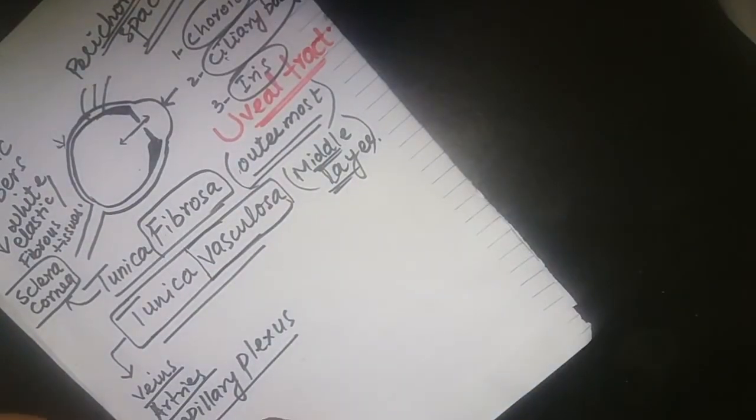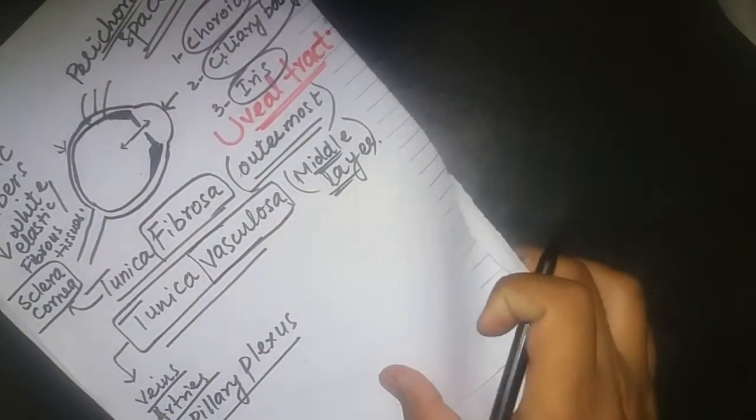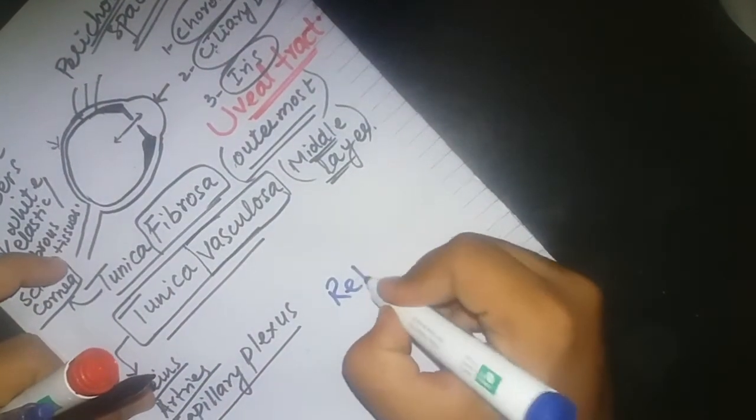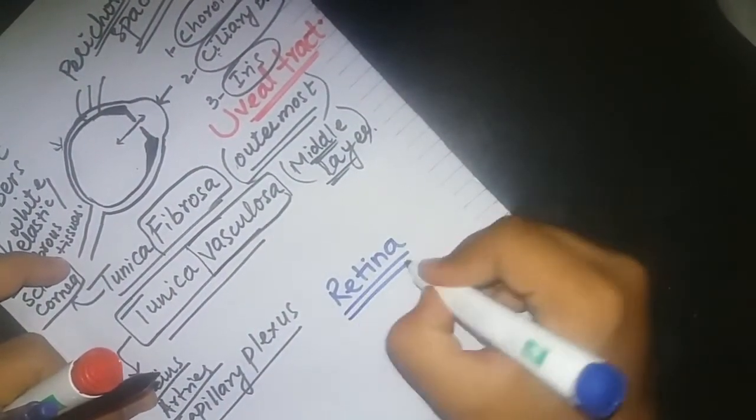Now going toward the most important layer of the eye, the retina. It is the only part of the eye which is directly linked to the central nervous system. Retina is basically derived from the central nervous system.